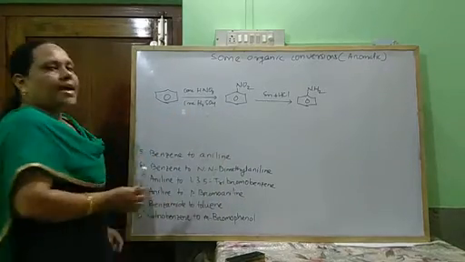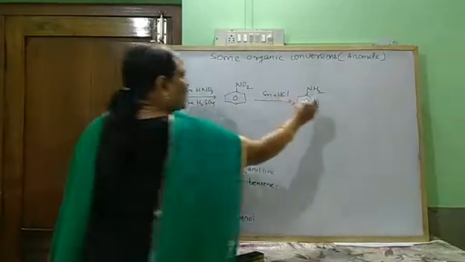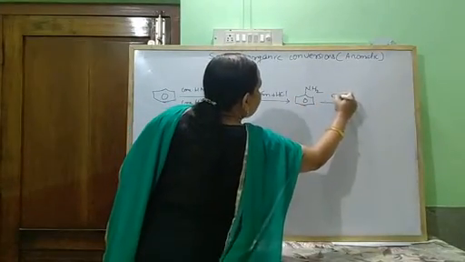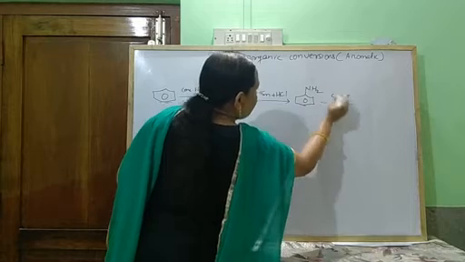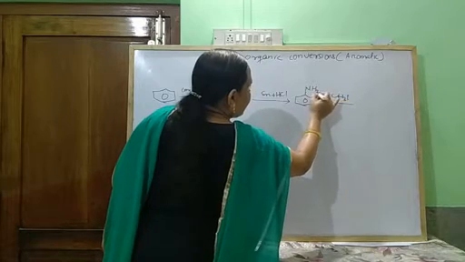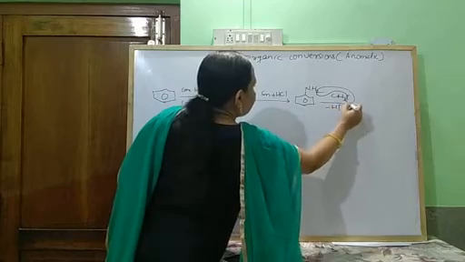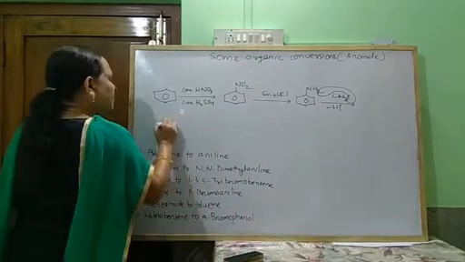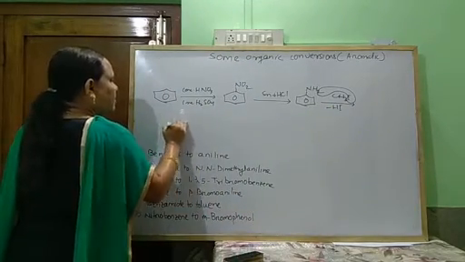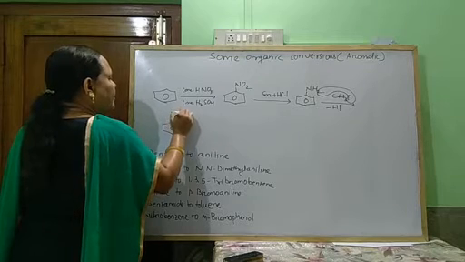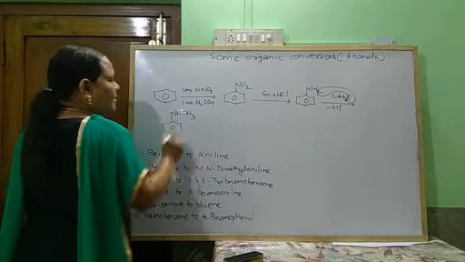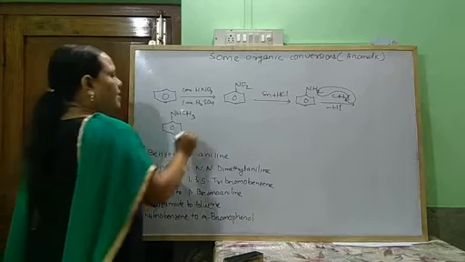So benzene to aniline, and this aniline when treated with methyl iodide, here iodine and hydrogen are removed as HI. It forms NHCH3, N-methyl aniline.